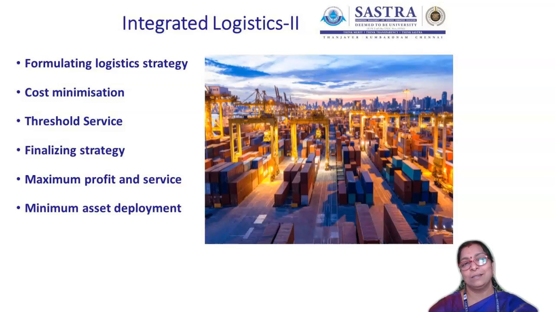I'll just explain it with an example. Assume that the current system is geared to service at least 90% of all the customers at 95% inventory availability. So the performance cycle percentage is 90, and they are keeping material available in the inventory up to 95% within 60 hours of order receipt.